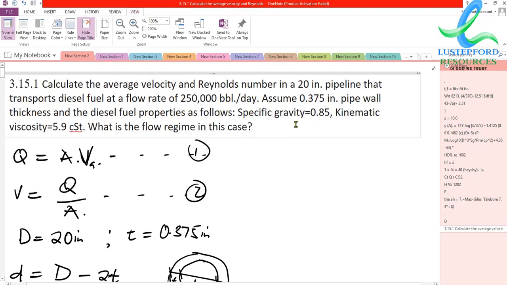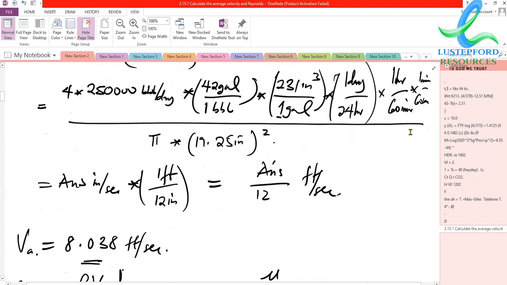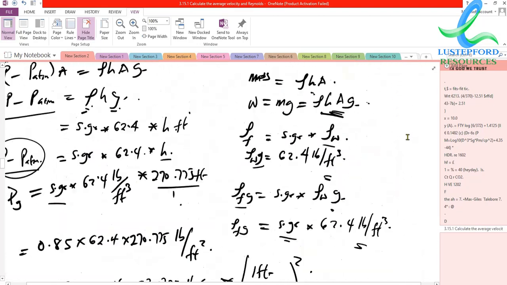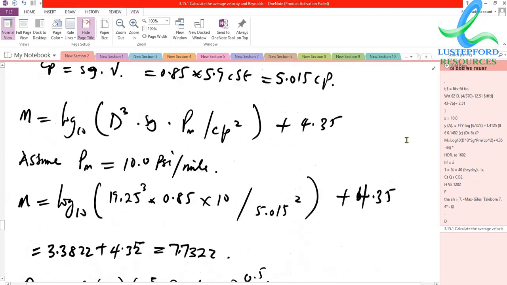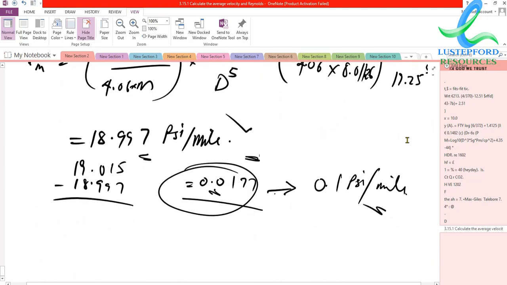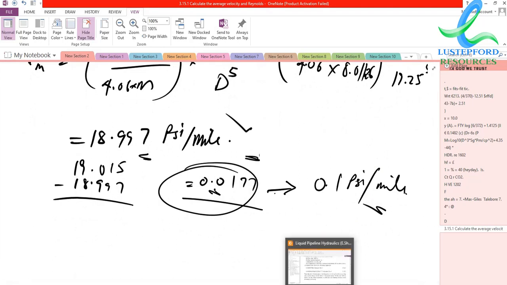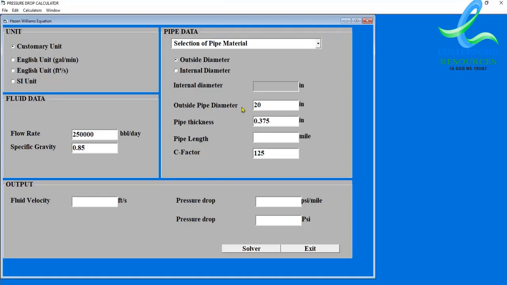That means they didn't give the mileage of it. So from that equation, I will assume the mileage is 1, because since it's per mile, if you say 1, it's okay.